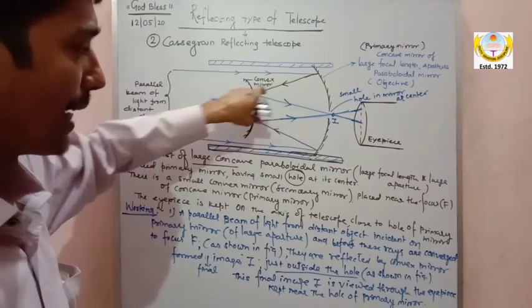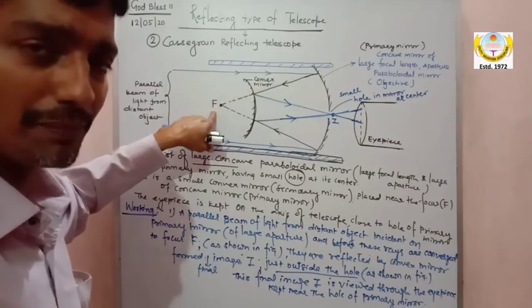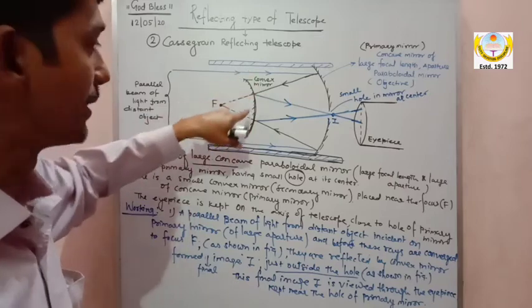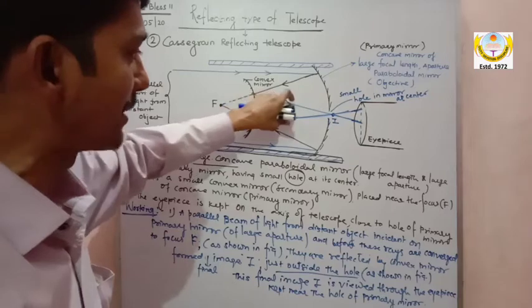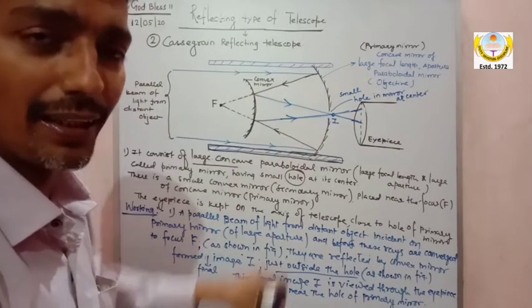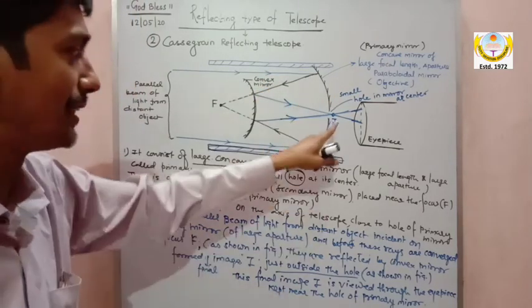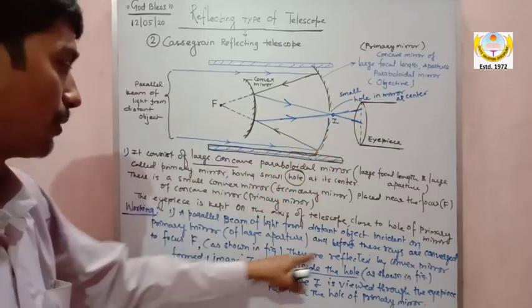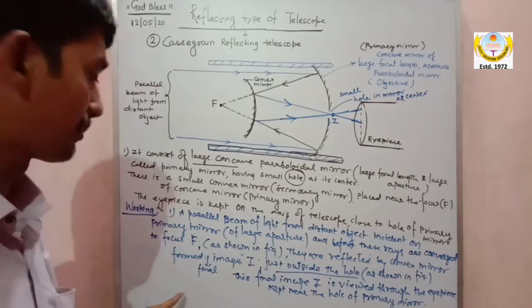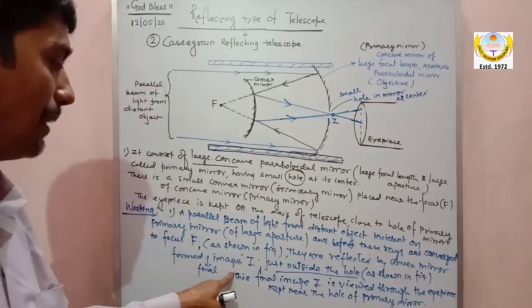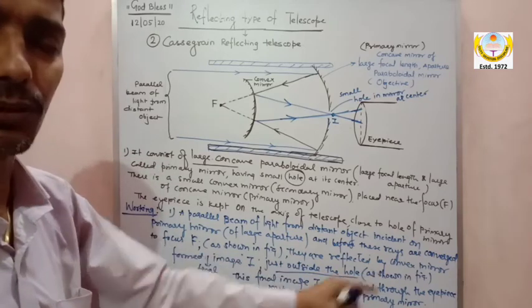And before it gets converged to the focus F, there is a convex mirror which reflects these rays and forms the final image I just outside the hole, as shown in the figure.